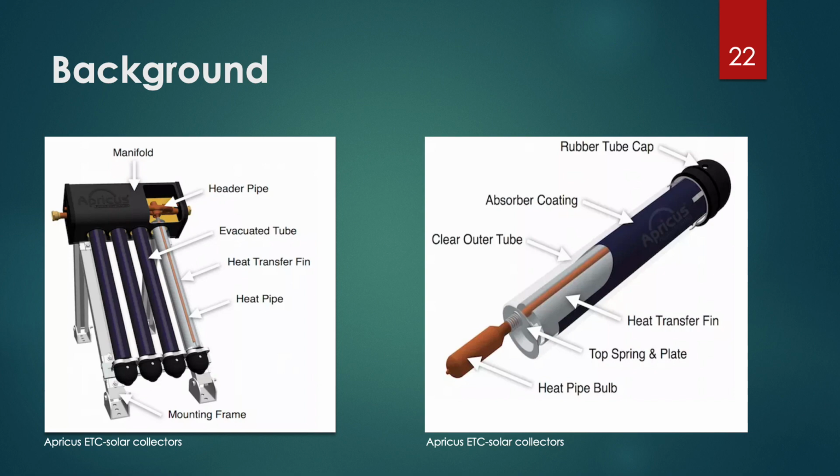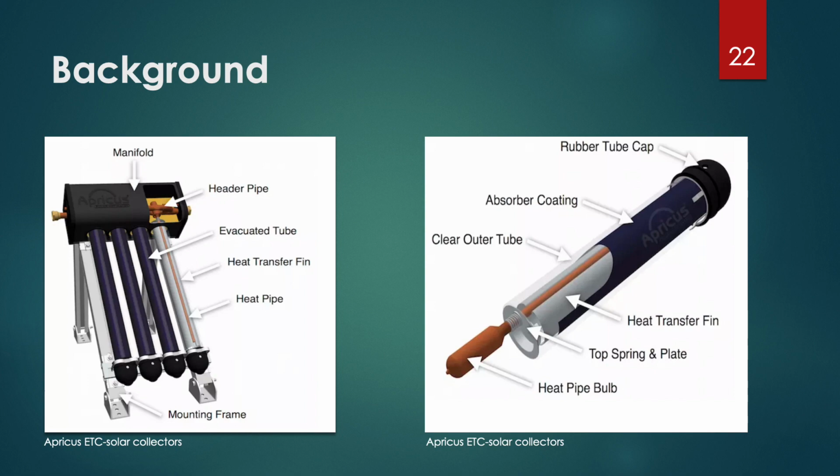In this slide, I will be going over the components of our solar hot water system. So in the figure to the left, the manifold is an insulated box containing the header pipe. Then the evacuated tubes are glass tubes that surround the heating pipe. The figure on the right is a detailed image of the evacuated tubes.